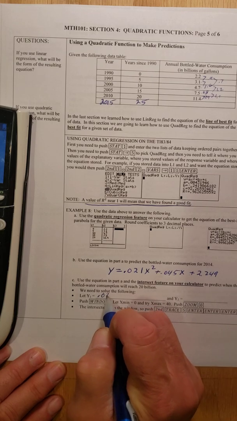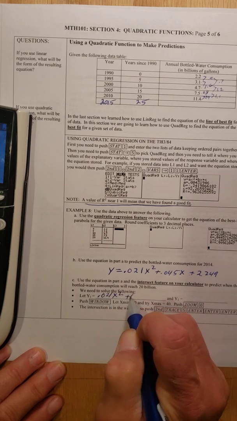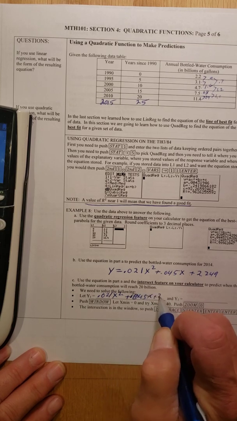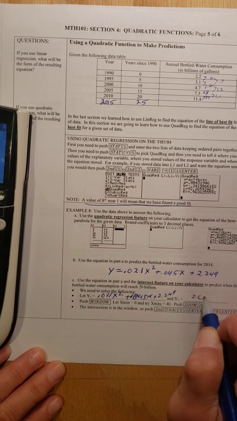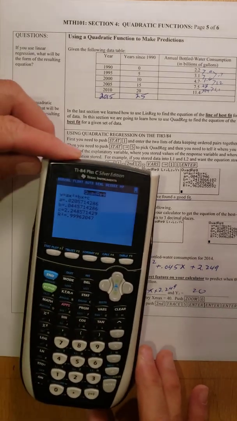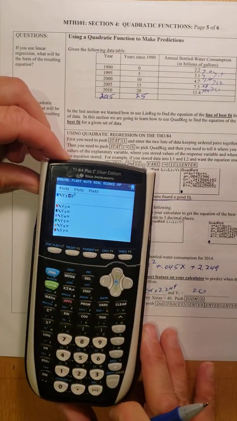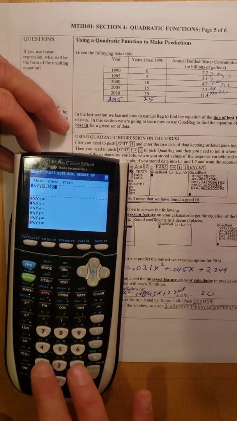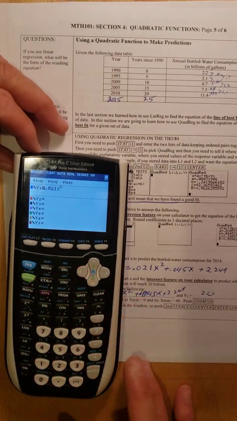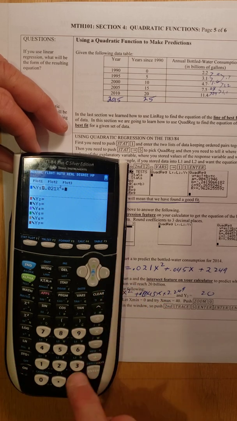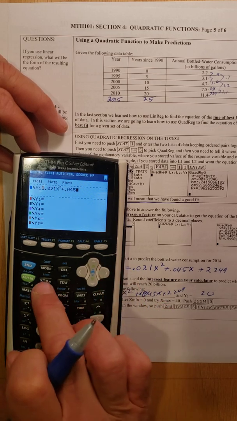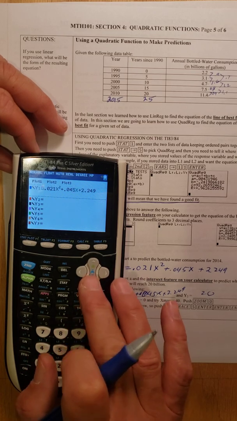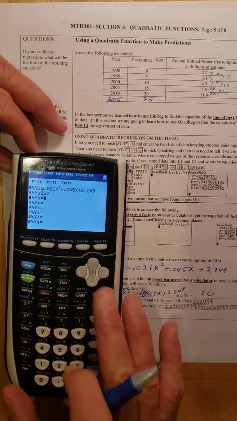In Y1, I'm going to plug in this function I just created, 0.021x squared plus 0.045x plus 2.249. And in Y2, I'm going to put 20.